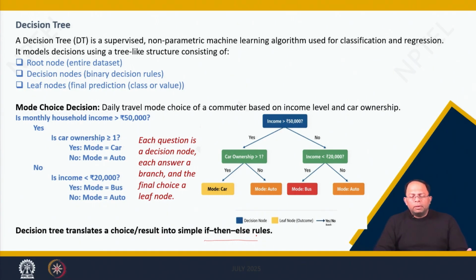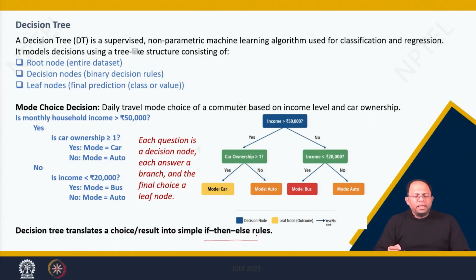So I can ask a series of questions which will result in finding out the mode that person chooses. Now, if the questions could be asked in such a way that whenever we ask these questions, we will get the correct results, then it is like a decision tree structure.